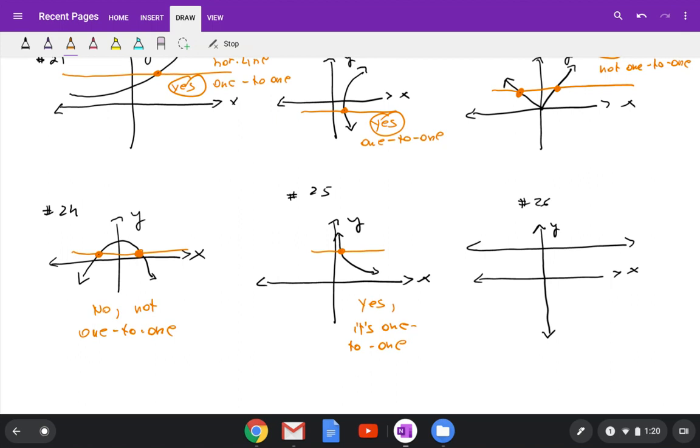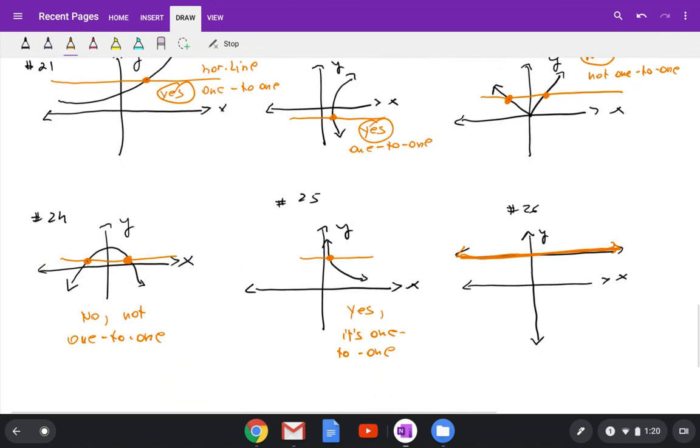And 26, your graph is a horizontal line. Okay, so that was the graph of the function. So if I draw the horizontal line, my horizontal line will overlap with the original graph, which means the horizontal line touches my graph in infinitely many points, so definitely no, not one-to-one.